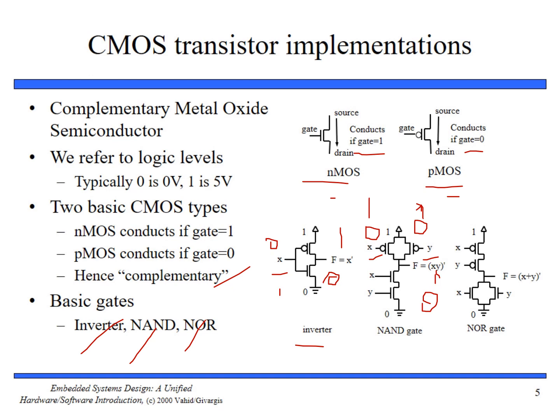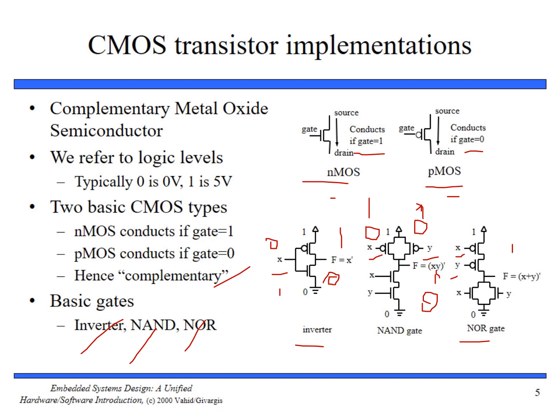Whereas in the case of the NOR gate, if both are zeros, if X is 0 and Y is 0, this will conduct and we will have 1.